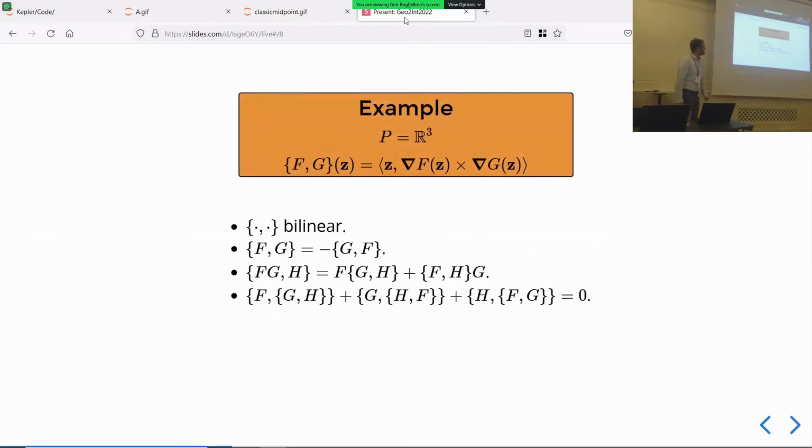The example that we always pull out in addition to the canonical Poisson is, if you have R3, then you can do the bracket looking like this. You just take the vector triple product between your position and the gradients of your two functions. And you can check that all of this works. This is, of course, what the class was talking about, the Lie-Poisson bracket, the Lie-Poisson for SO3 star.